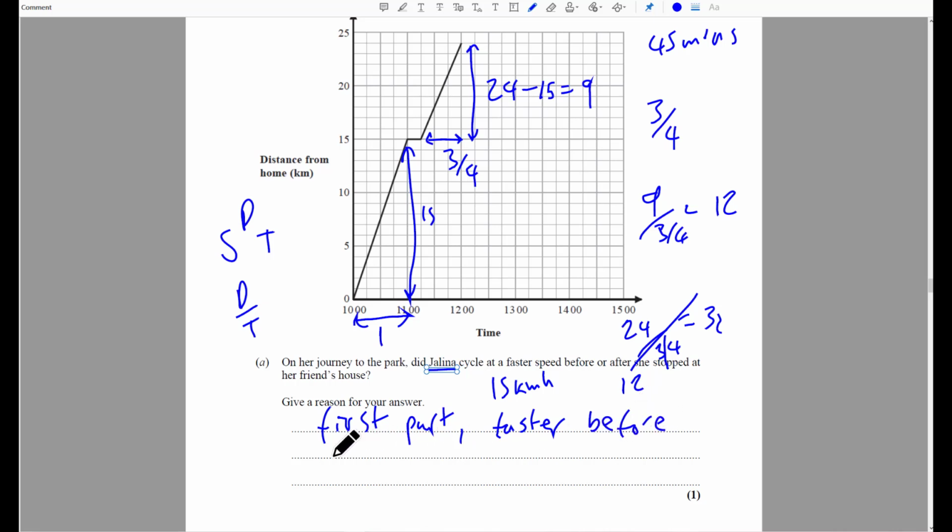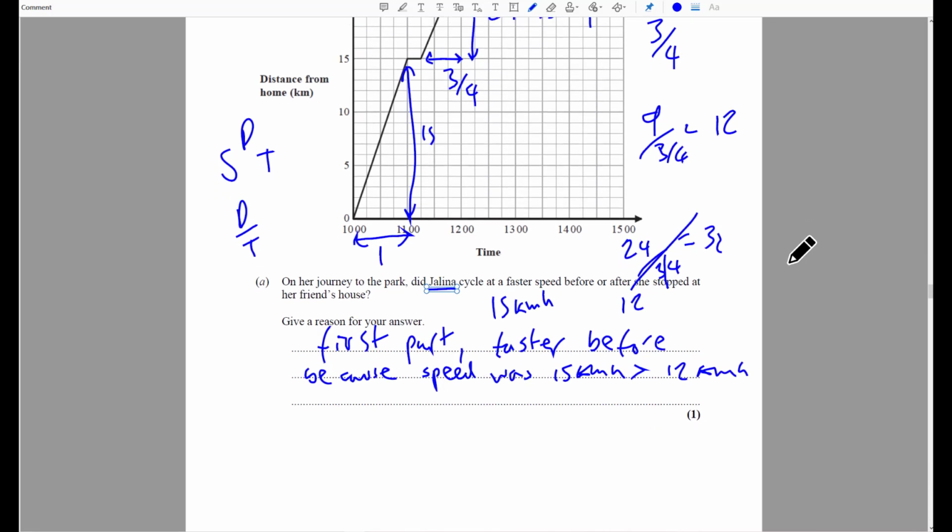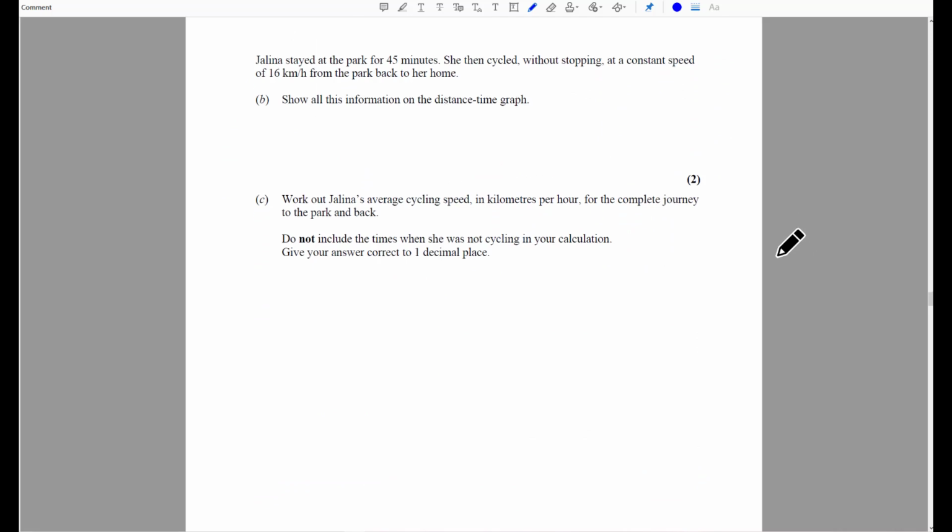Give a reason, because speed was 15 kilometers per hour, which is greater than 12 kilometers per hour. Or you could say the gradient's steeper. That should be acceptable. But anyway, that's an easy 1 mark.